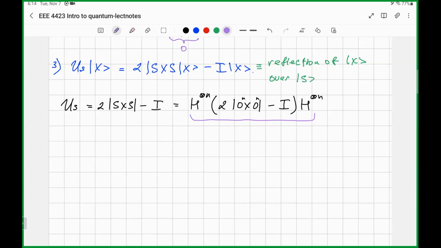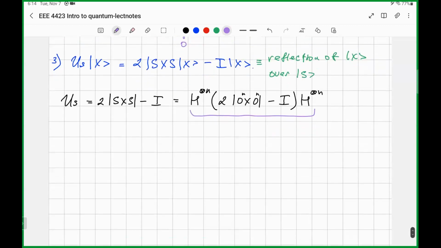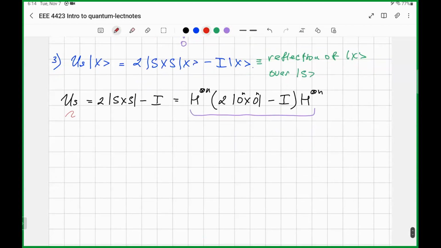All right, so this is about the amplifier, right? This is the operator of amplifier.